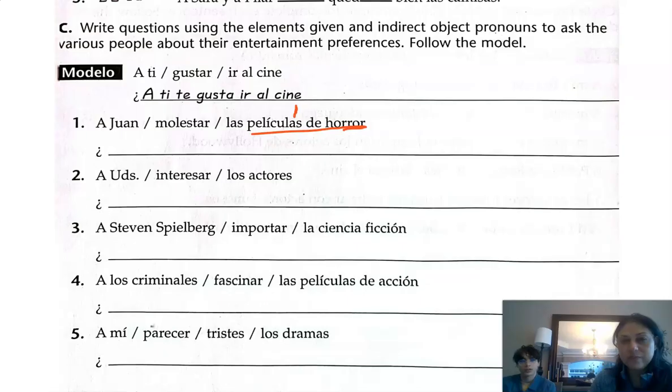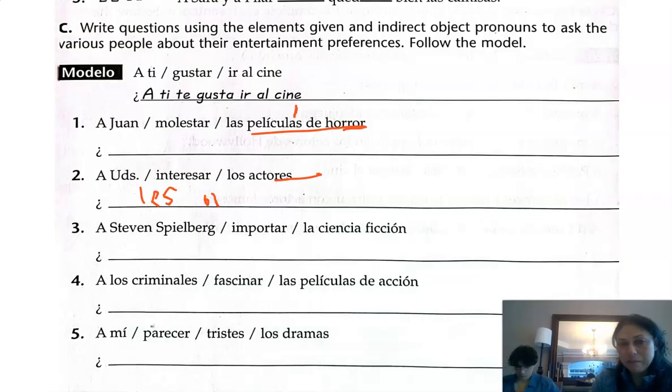So, read number 3. A ustedes les interesan los actores. Good. So it's les here. A ustedes les interesan. And this is with an N because of actores being plural. And this is les because ustedes is third person plural.